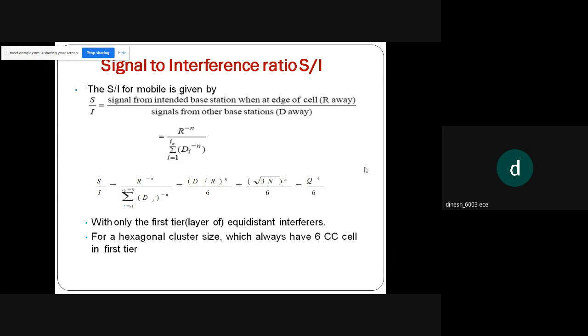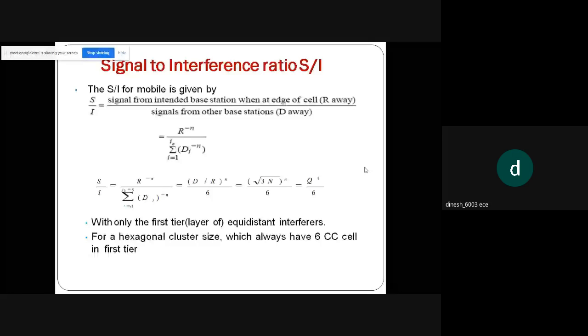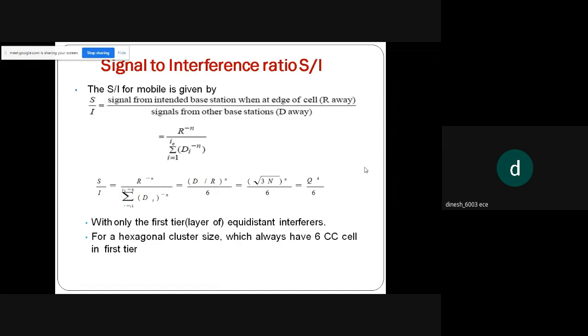So the summation of Di to the power minus n will become 6 times D by R whole power minus n, which is the root of 3n, the whole power n, by 6. So Q to the power n divided by 6 is the signal to interference ratio.